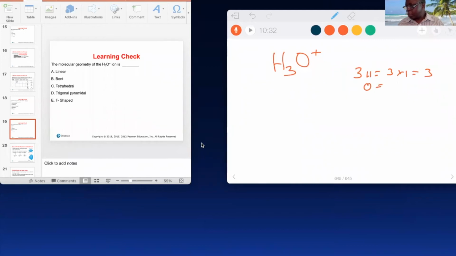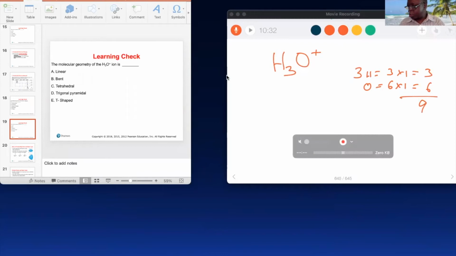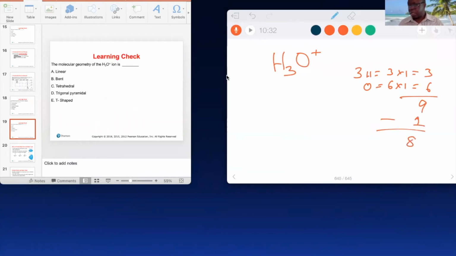Oxygen is in group 6, so 6. Total of 9. The overall charge of positive means we need to subtract 1. We have 8 valence electrons.